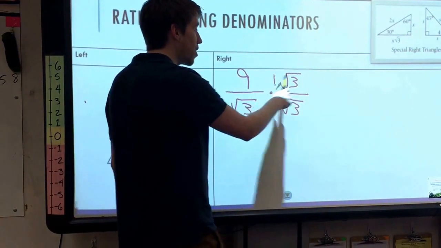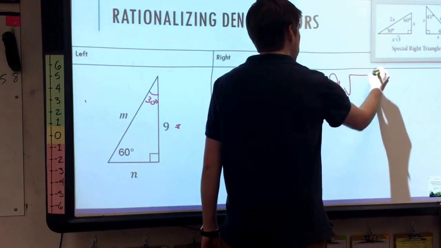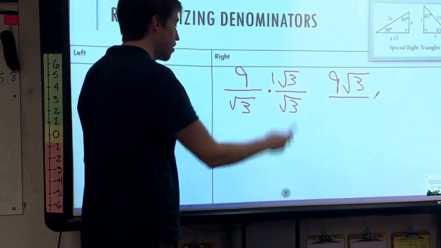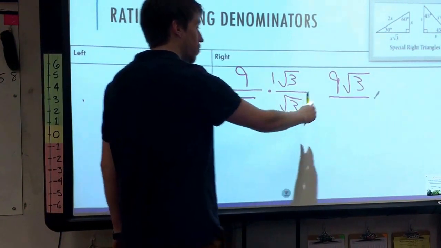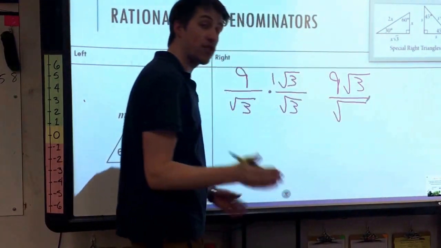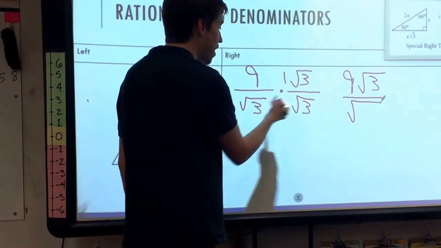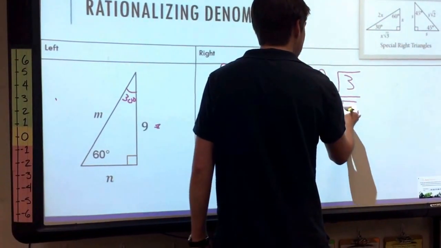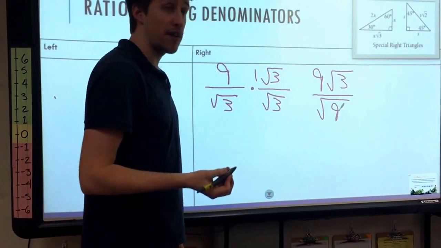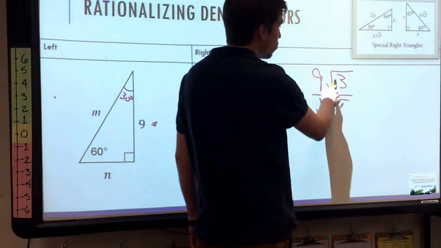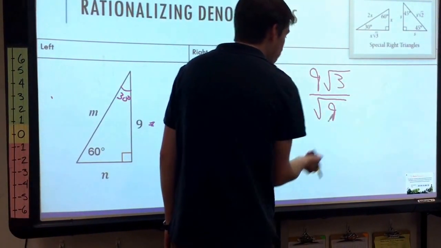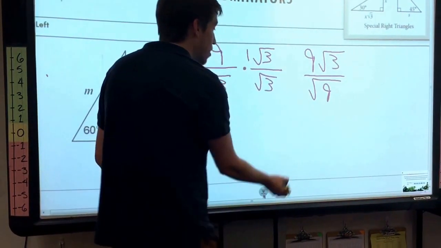So 9 times 1 is 9, and we just have that square root of 3 right on, divided by the square root of 3 times the square root of 3. Since they're both underneath the radical, we can multiply them for a new number in there. 3 times 3 gives us 9. And now we have to simplify from there. I can't reduce the square root of 3 any farther, but I know that the square root of 9 is just regular old 3.